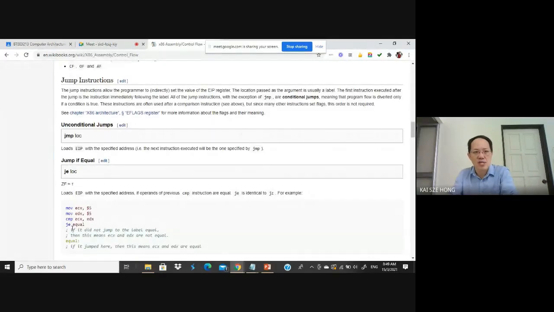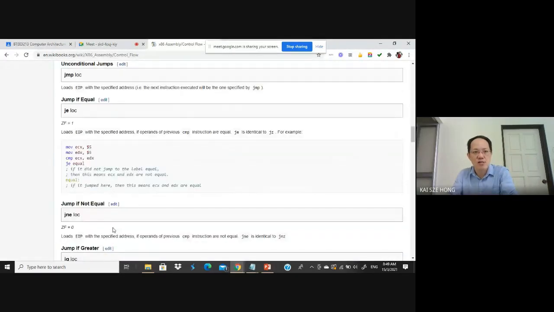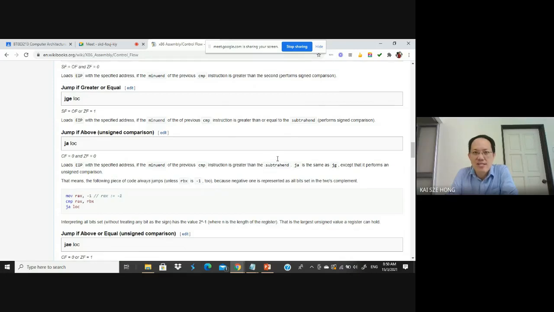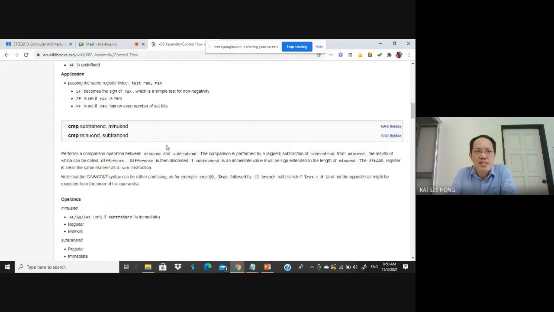We compare, jump equal, then no problem. Jump not equal. Jump above, jump if above. Load the EIP with a specific address if the minuend of the previous compare is greater than the subtrahend. So which is the minuend? The minuend is here.